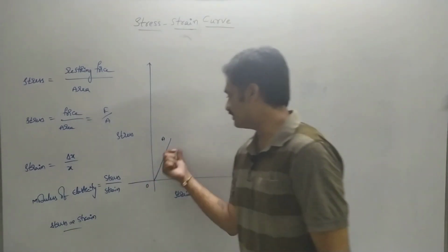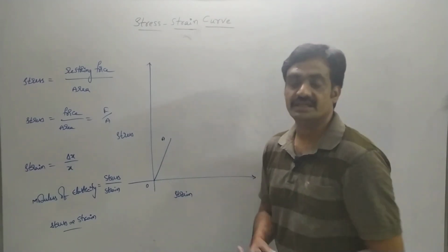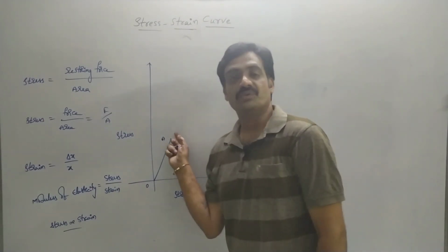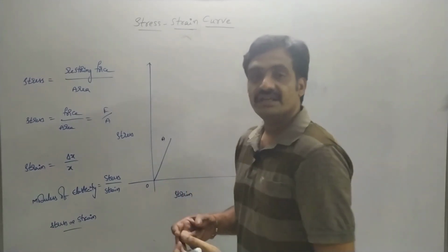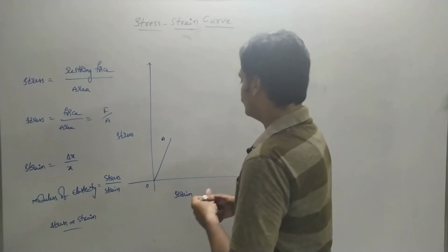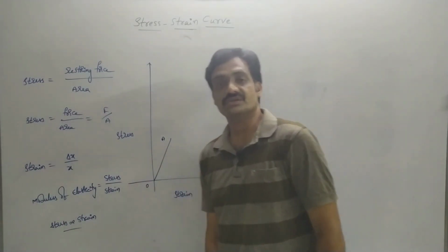That is represented by the line OA, and we call it the proportionality limit. At point A, the proportionality limit is reached. After that, the body does not obey stress directly proportional to strain.